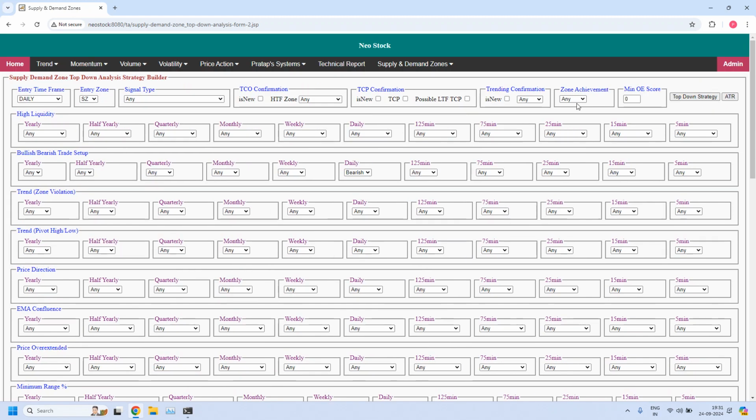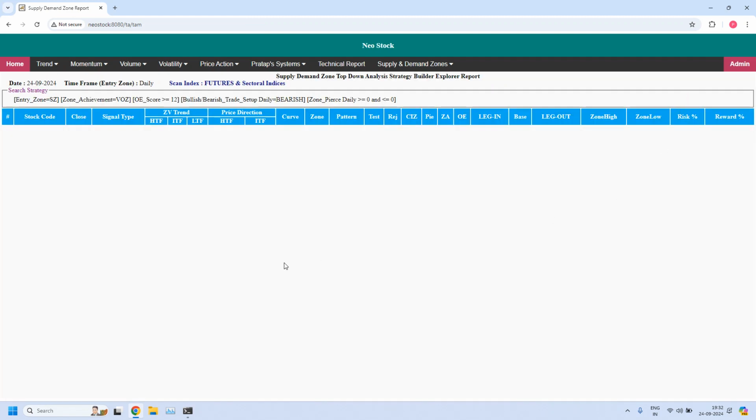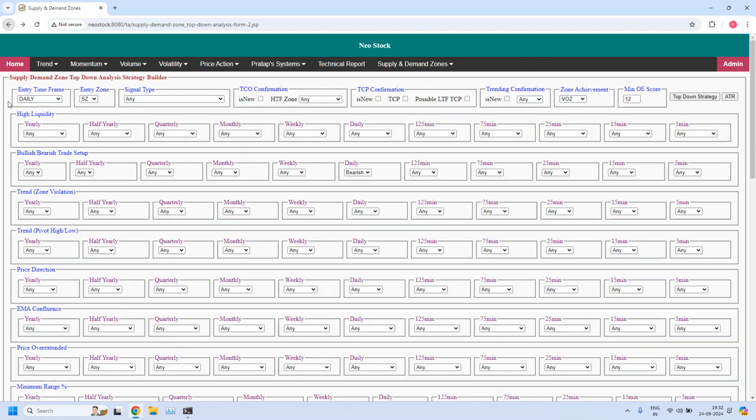Zone achievement should be violated opposing zone, minimum odd enhancer score should be 12, and all the three filters are applied to daily supply zone. Now let's verify. Currently no stocks are supporting bearish trade setup for monthly income trade.